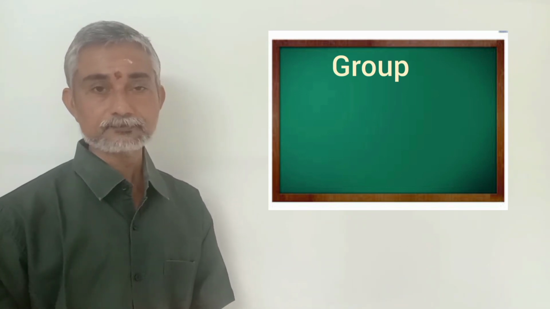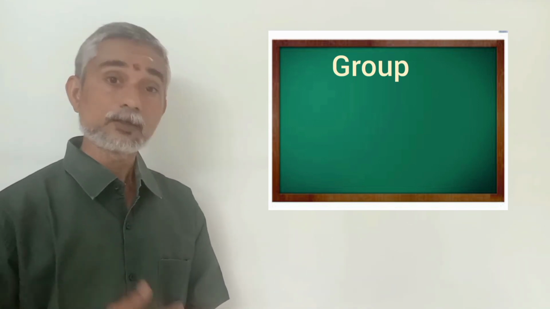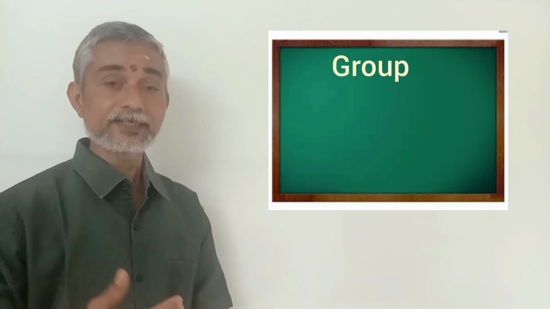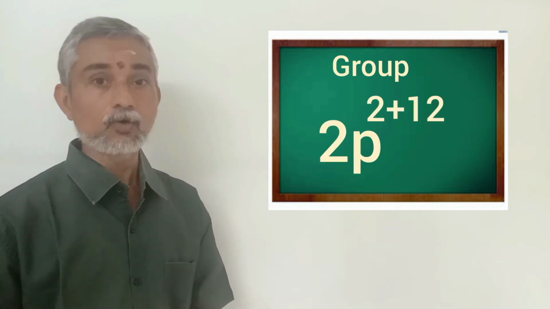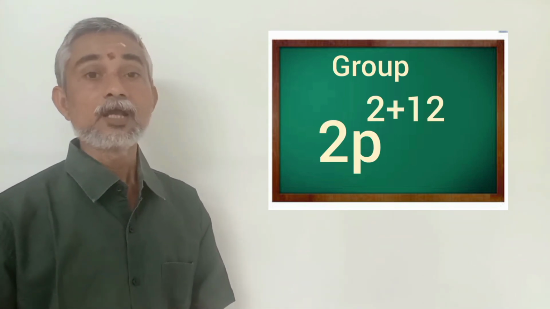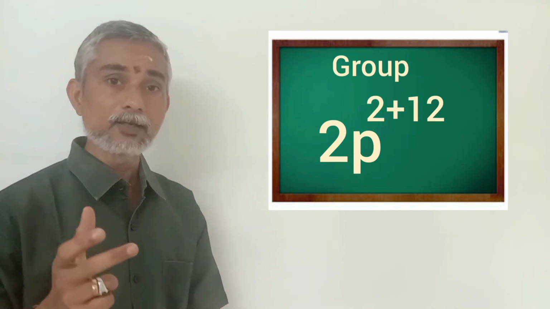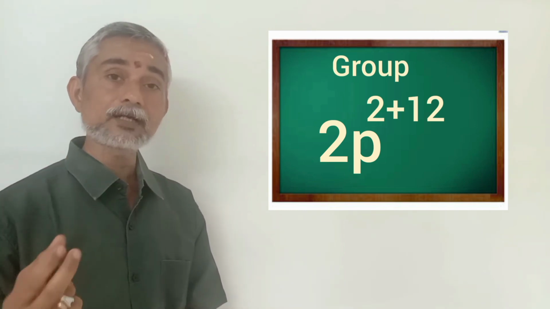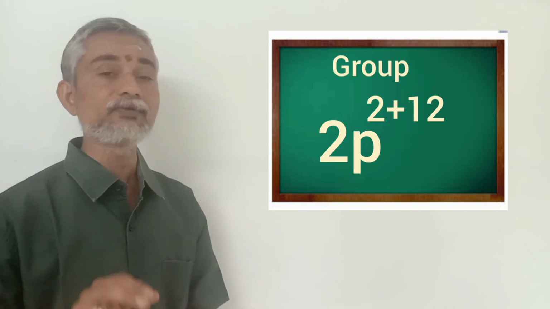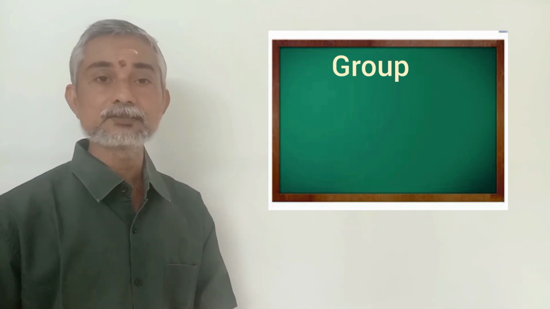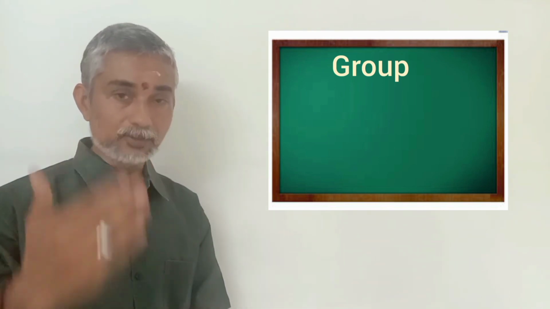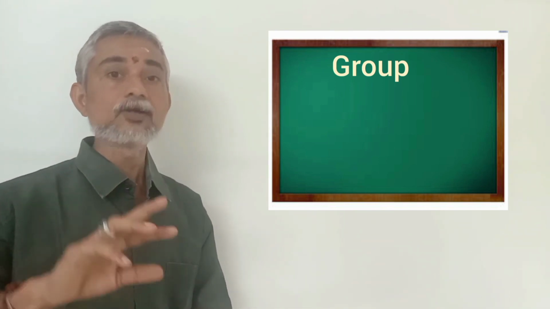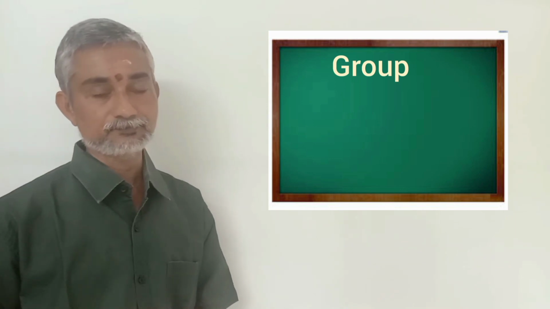But in the case of p, if the electronic configuration ends in a p subshell, we have to add 12 to the number above the p letter, then we get the group, because only after 12 groups we jump, then we reach the p block.